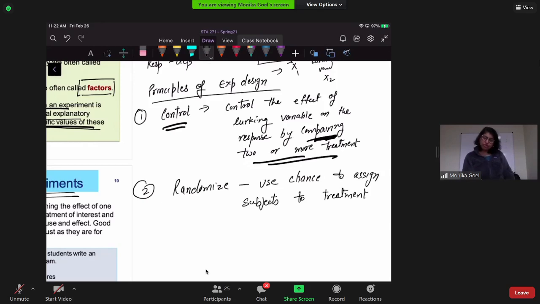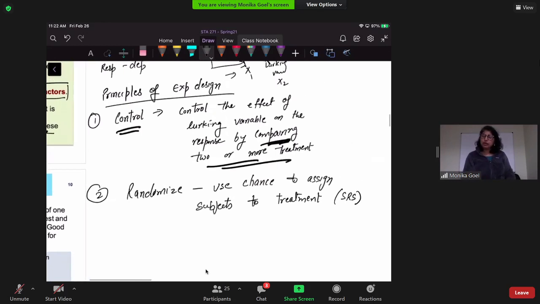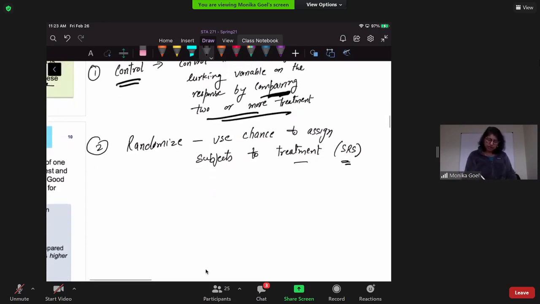And when we are saying use chance to assign subjects to treatment, so we are doing simple random sampling. But this simple random sampling will be done before we assign the treatment to that. So we are doing the same thing what we did in 3.3, but little bit further work depending upon how many treatment we are working with. We need to make that many groups and then do the simple random sampling from there. And when we do example, it will make more sense.